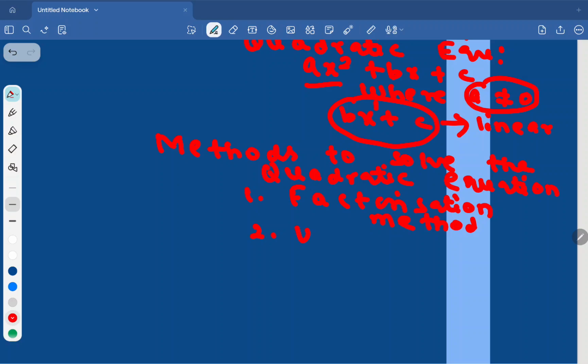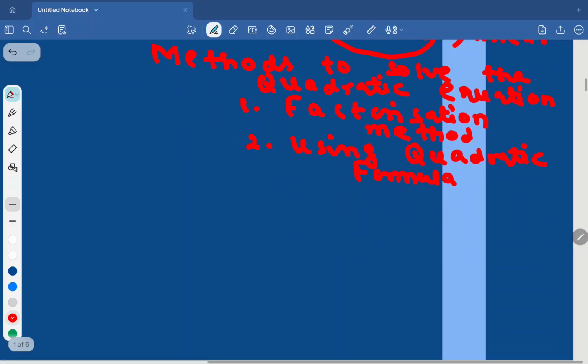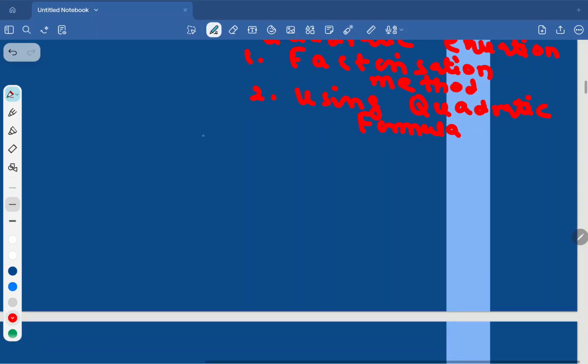Second one, using quadratic formula. I am going to discuss the two methods separately with one example. First, I am going to solve one example by using the factorization method.